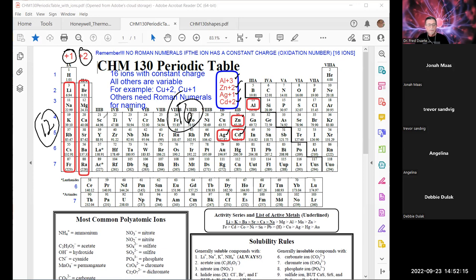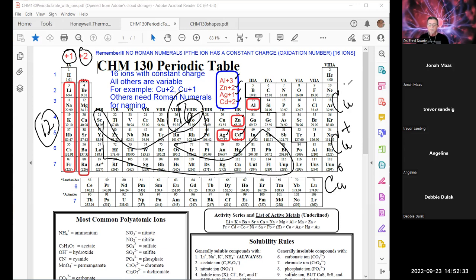That means that everybody else, all the other elements, their charge varies. For example, copper, you have copper 0, which is the element, but also copper can lose 1 electron to become copper +1, but it can also be copper +2, okay?